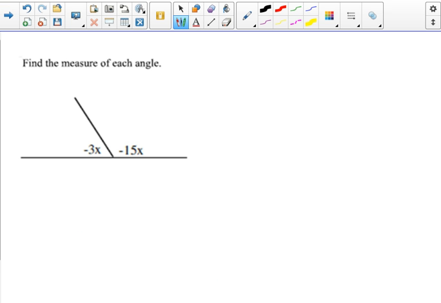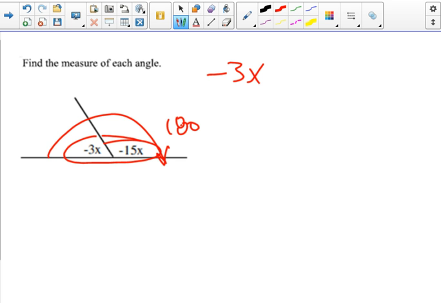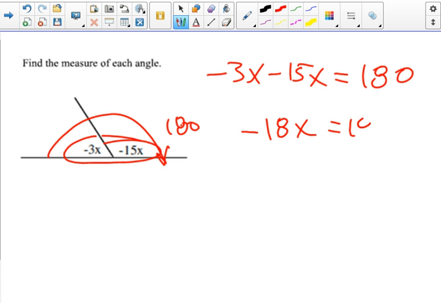Here, similar problem. We're going to have these two adding up to 180 because they form a straight line. So I'm going to have negative 3x plus a negative 15x, or just minus 15x, equals 180. Let's see, that's going to be negative 18x equals 180.